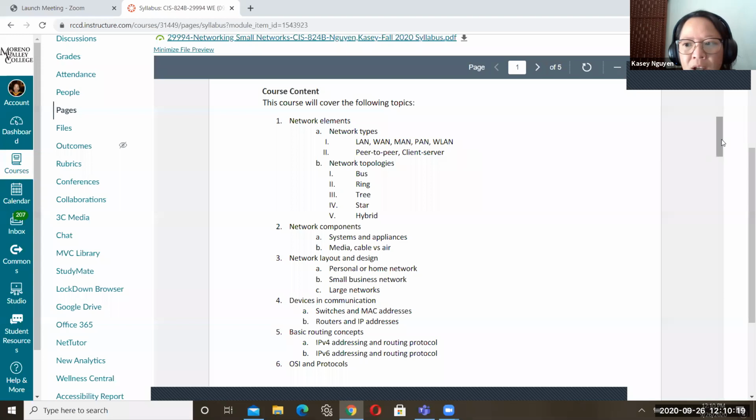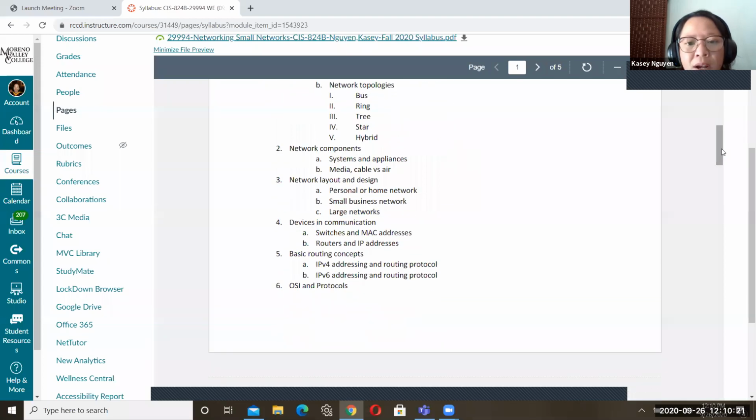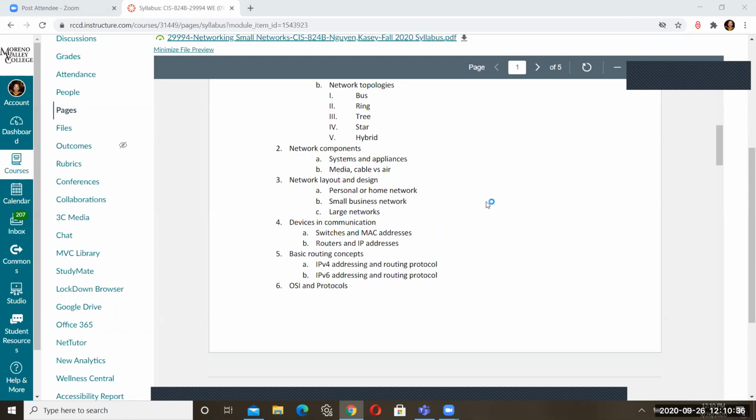And then we're going to talk about components of network, including different types of system, appliances, cabling, the media, like wireless. Then we're going to go into network layout and design, and you will do some of that today in the lab. So we're going to really look at different types of network and how to design it.